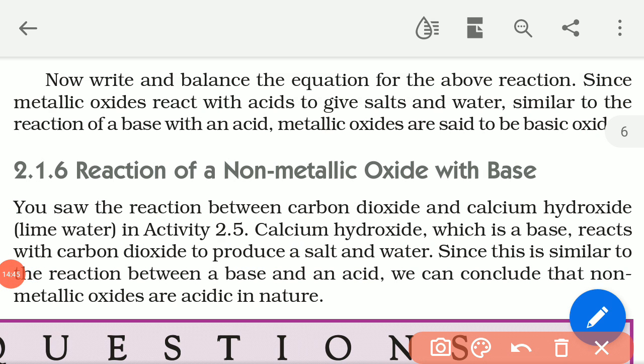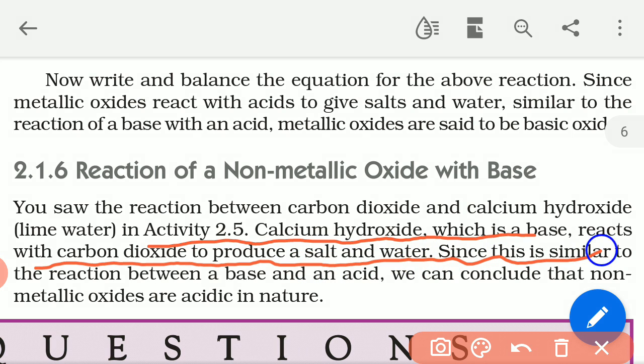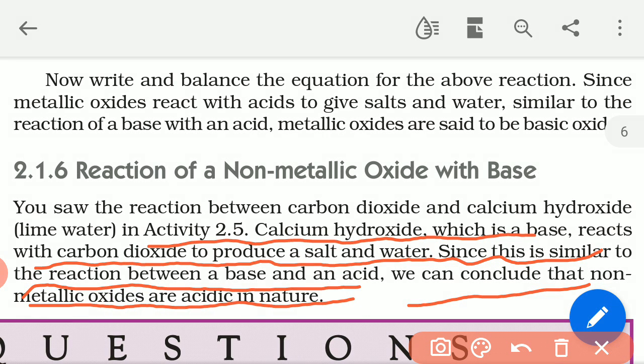Lime water, calcium hydroxide, which is the base, reacts with carbon dioxide to produce a salt and water. Since this is similar to the reaction between base and acid, we can conclude that non-metallic oxides are acidic in nature.